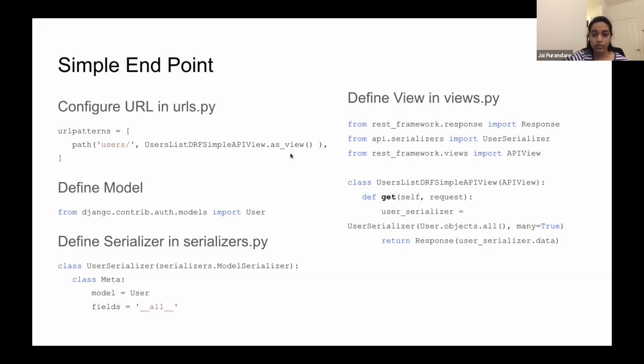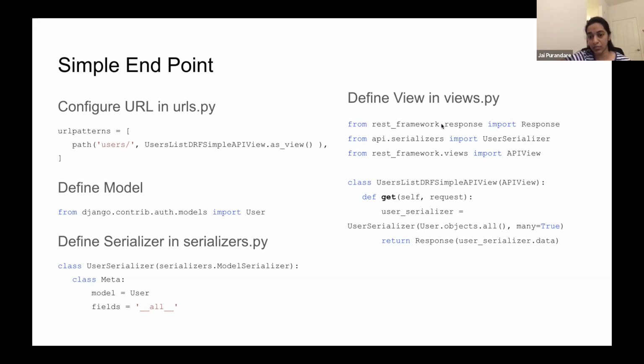And so in this way, we are going to have this user serializer. All I need to do is pass in the query set, which is User.objects.all, and many=True, which means it understands that it is going to be a list of users, and UserSerializer.data is going to return JSON in the response.